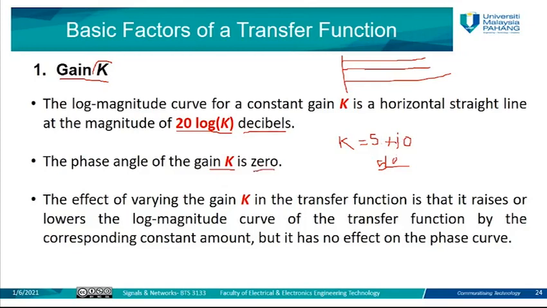For that, the phase here is 0. Any real or constant number can be represented by its magnitude value, which we find in dB, and then the angle will be 0. Whatever the value, k equal to 100, the angle is also 0. K equal to 1000, the angle will be 0.